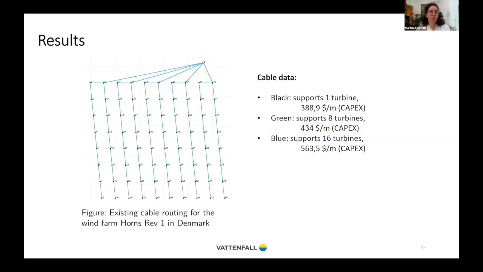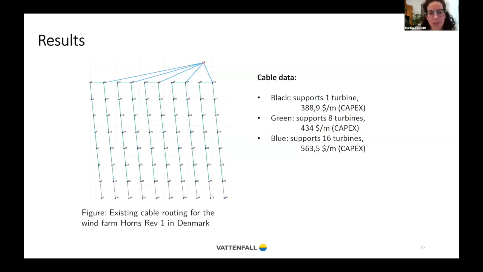So here you see a real world park, which, as you can see, is old because all the turbines are very regular. And for this one, we had the layout that was chosen or designed by the manual operator. You can see that there are 3 different types of cable. In blue on the top, you have the more expensive cable that can handle also the current from more turbines, in this case 16.